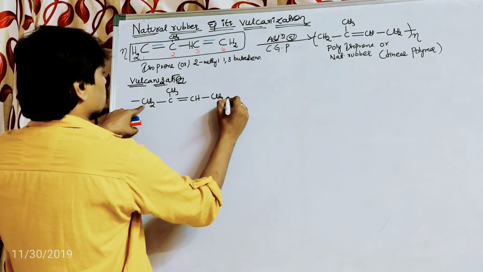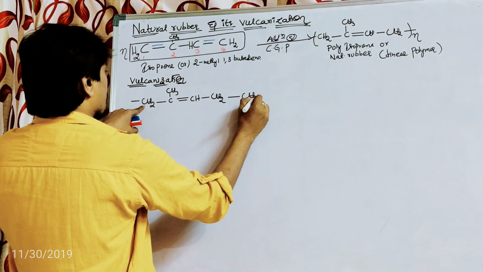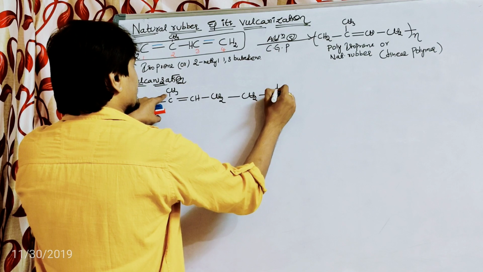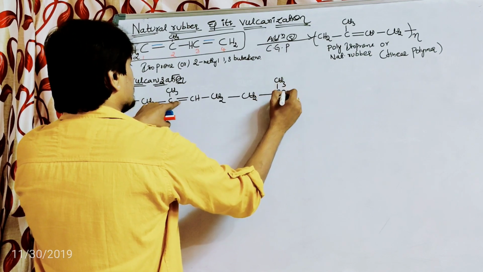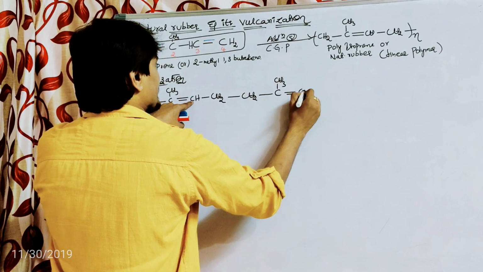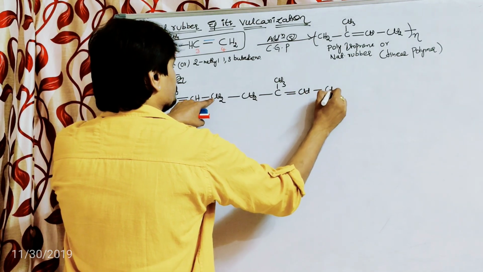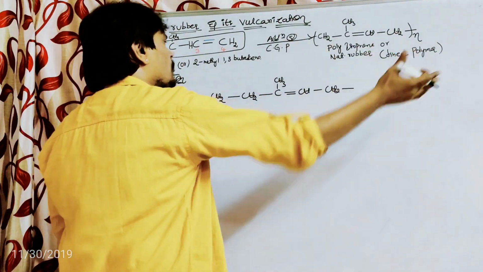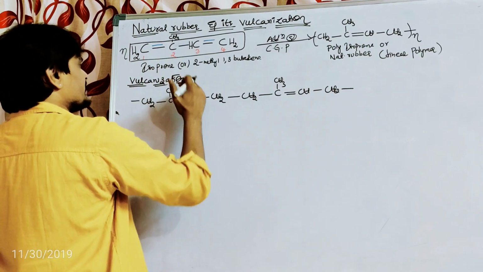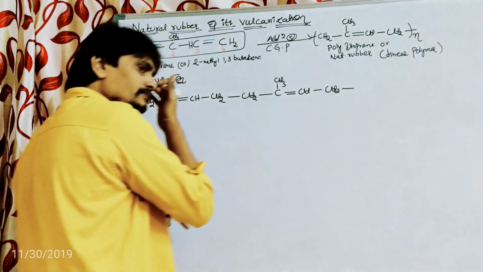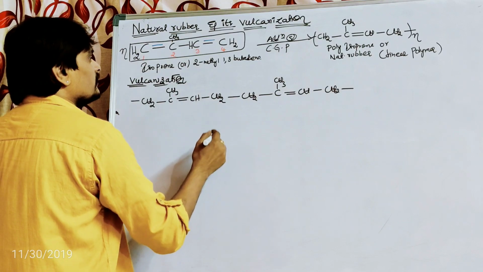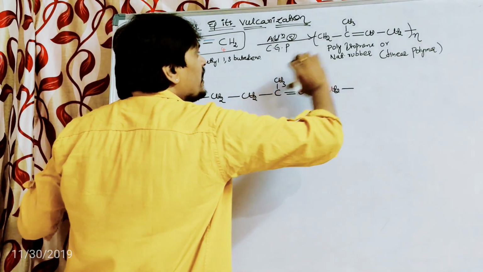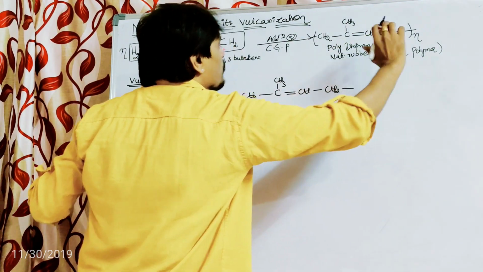Again, CH2, next single bond, next C, next CH3, next double bond, next CH, next CH2, and so on. So we can combine another moiety, that is CH2, CH3, double bond, CH, CH2. Now, what is this, students? This is the polyisoprene or the natural rubber, which is the linear polymer.